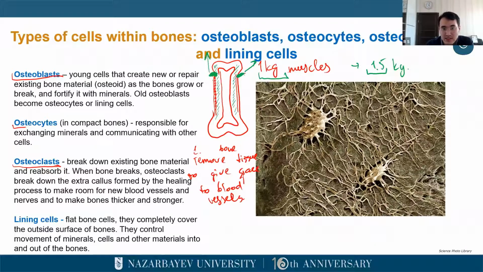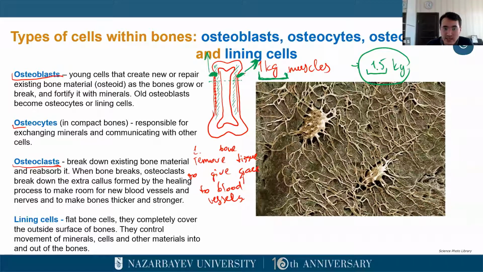And if it doesn't recreate itself to respond to this new load or new functions of the muscles, we might break it, because in nature, we always do the stuff that is sufficient for the functioning. But if we had sufficient bone tissue for 1 kilo of muscles, it's not sufficient for 1.5, right?